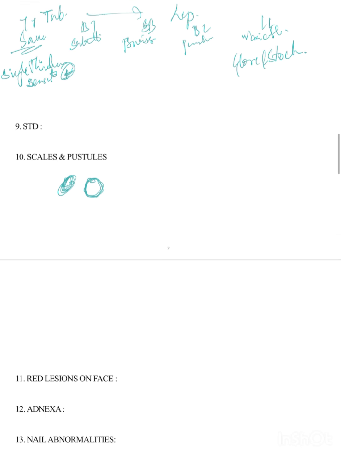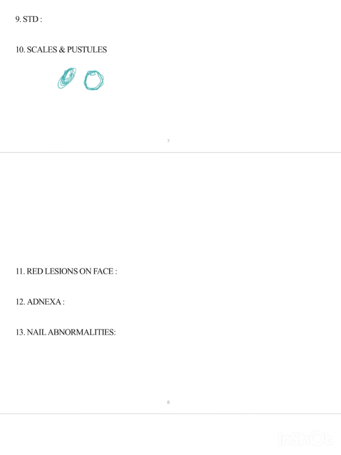Then you need to remember the red lesions on the face, which will be congenital ones or acquired ones. Congenital ones are the port wine stain, and if there is association with seizures, then you have to suspect Sturge-Weber syndrome. In acquired, you have dermatomyositis, SLE, and acne rosacea.